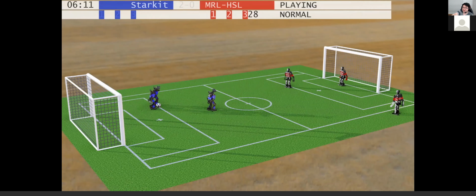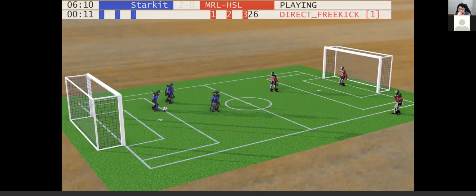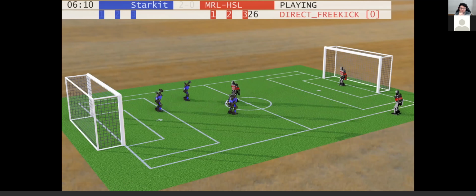Since they don't have obstacle detection, and actually a lot of teams don't have obstacle detection, we're one of the few that do, and we actually saw it working. A lot of these teams just keep running into each other, and then they get penalized.